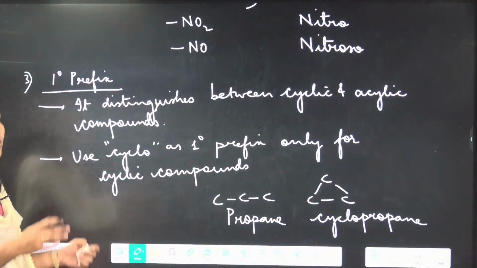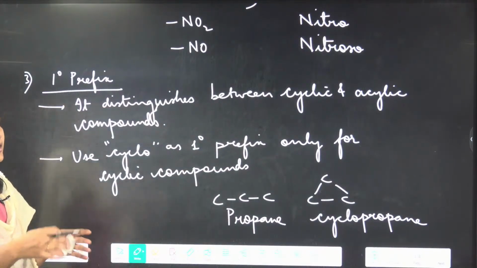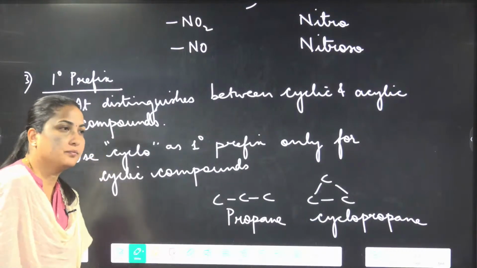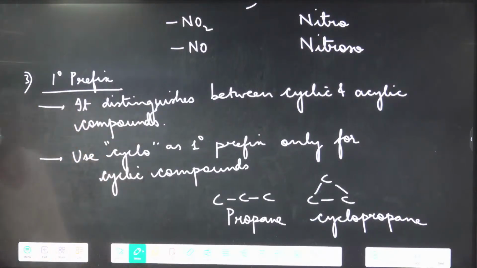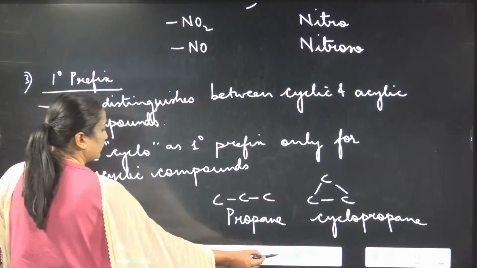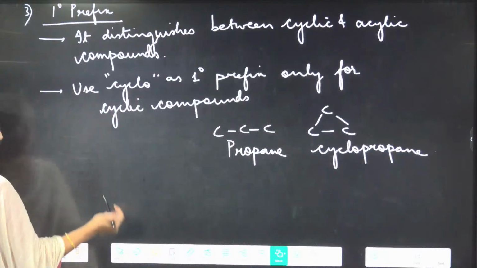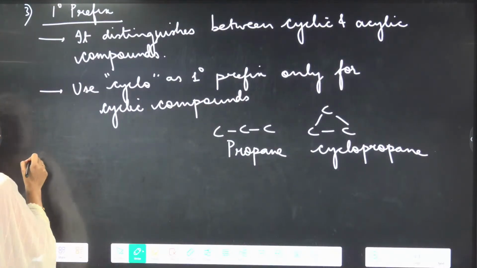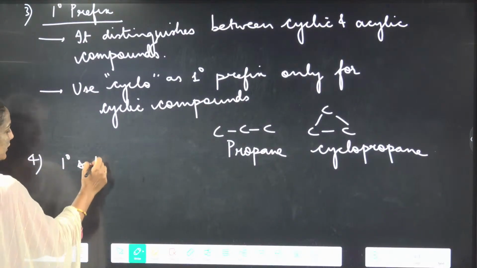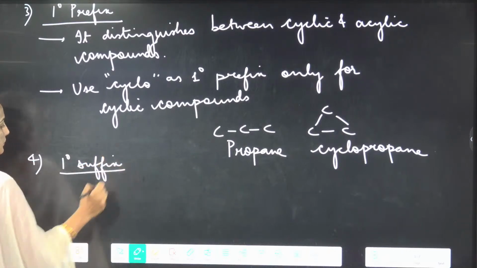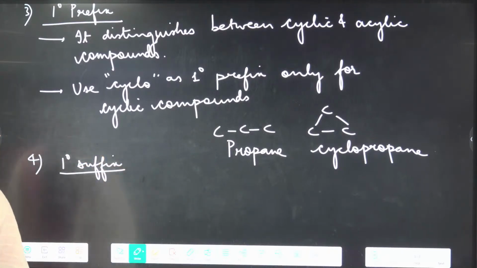So you have to use cyclo only if it is a cyclic compound. If it is not, don't write acyclic like that. Finish this, then after that we are going to write down the 1-degree suffix.